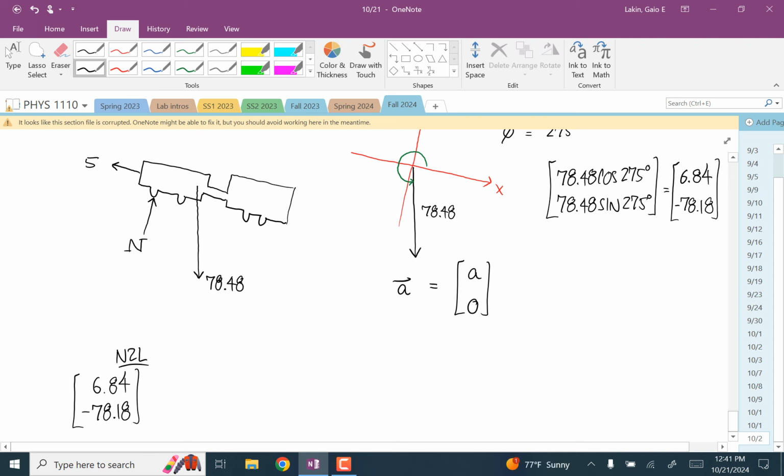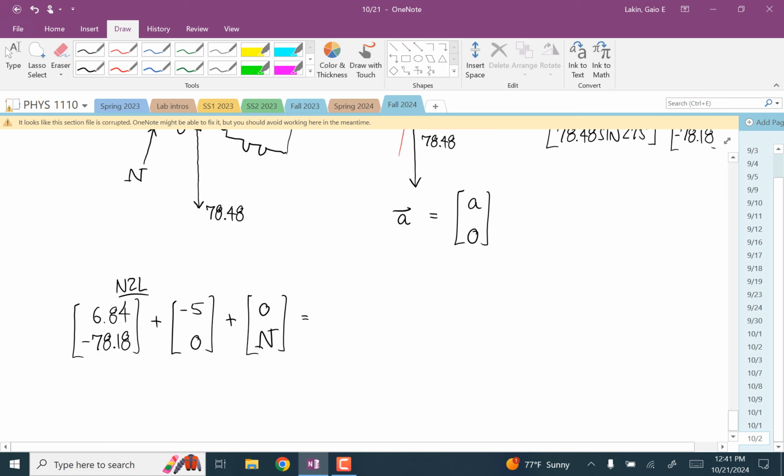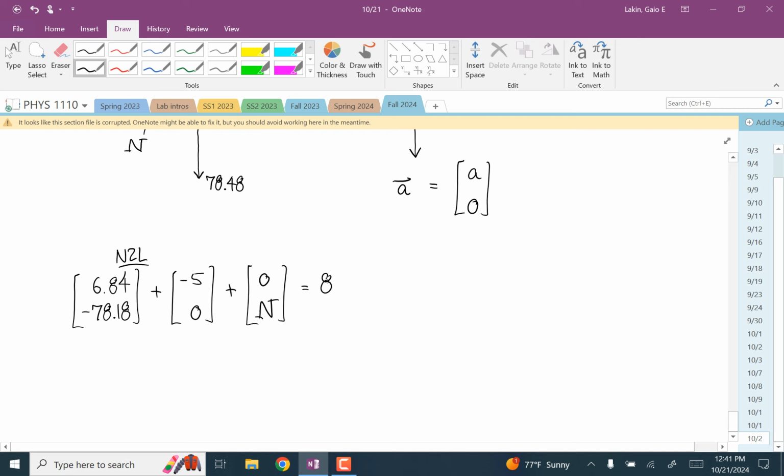And then that 5 is in the negative x direction, so negative 5, 0. The N is in the positive y like always. And then this is equal to the total mass, 8 kilograms, times the acceleration, a0.